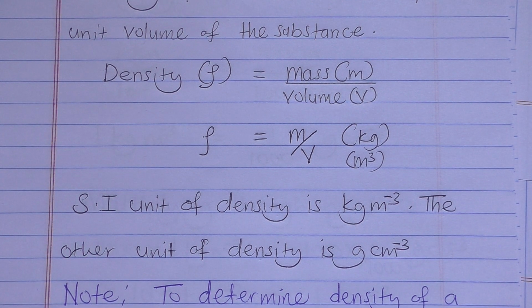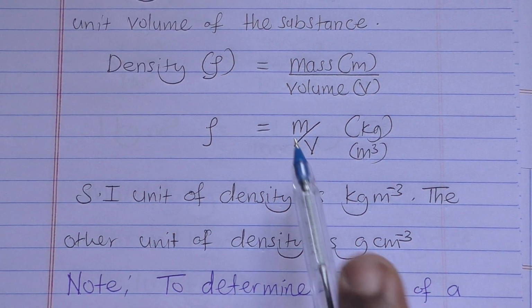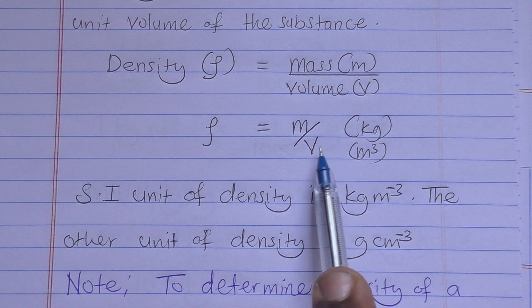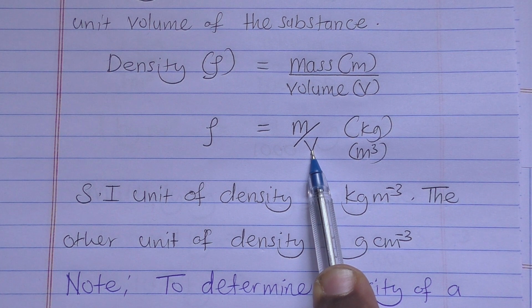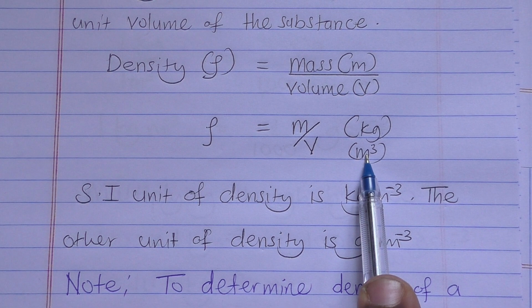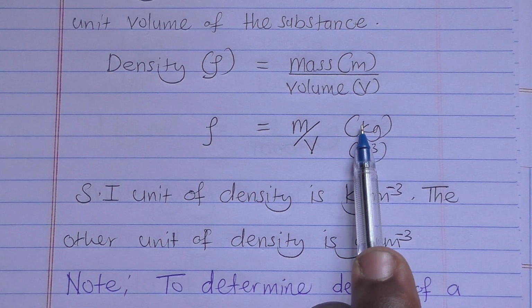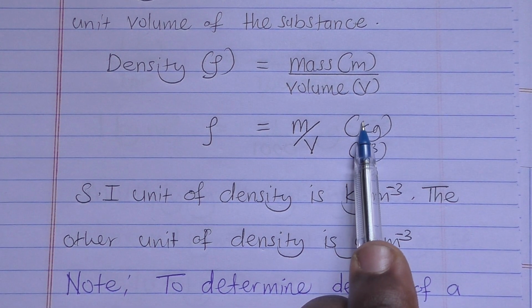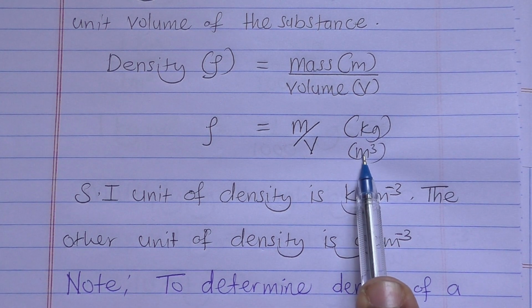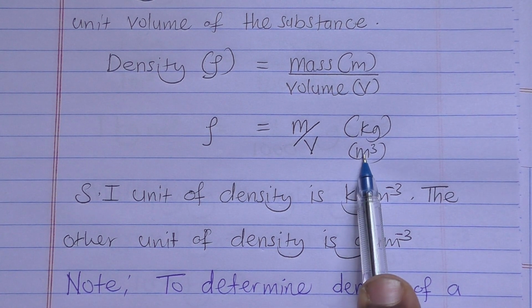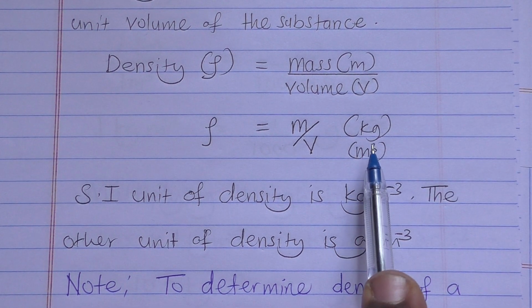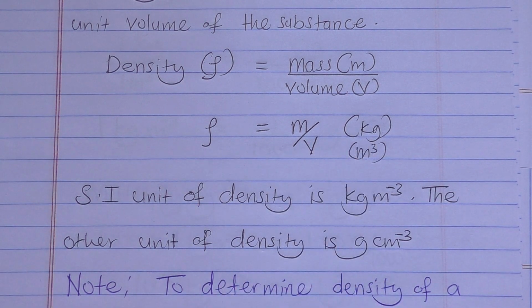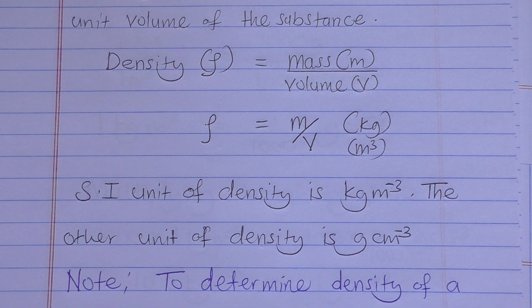It means that whenever we are considering mass in grams, we should also consider volume in cubic centimeters. But don't say kilogram per cubic centimeter or grams per cubic meter. No, kilograms will go with meter cubed, because they are all SI units. And then grams will always go with centimeter cubed.